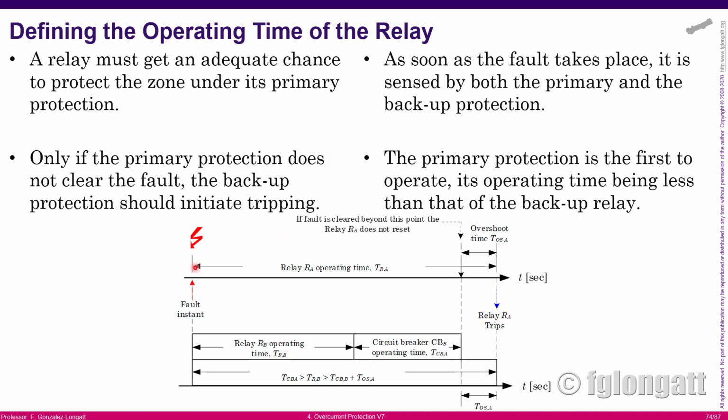That means that relay A must wait until this time, waiting for circuit breaker B and relay B to do the work properly, and if not, then circuit breaker A must trip as backup protection of the line BC.